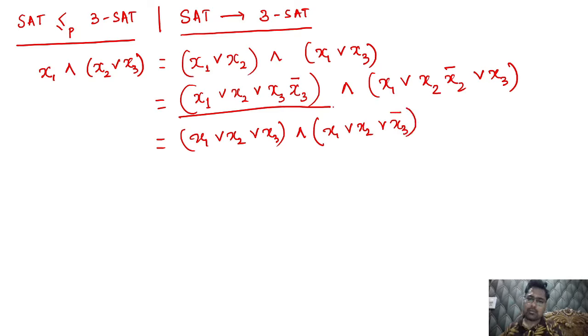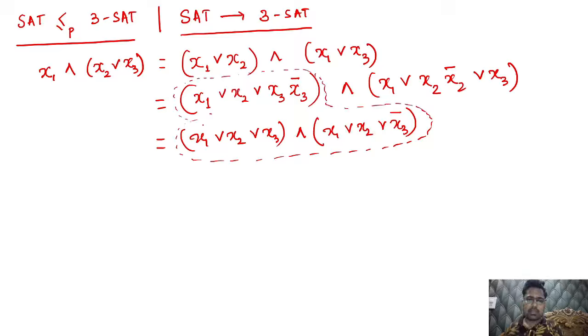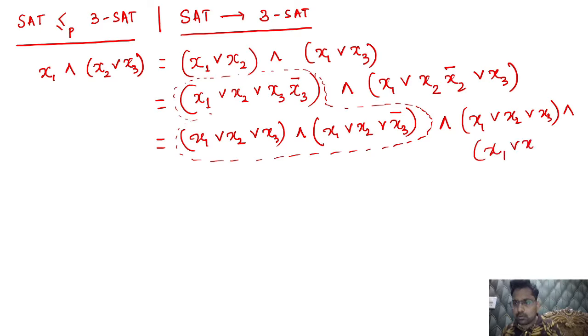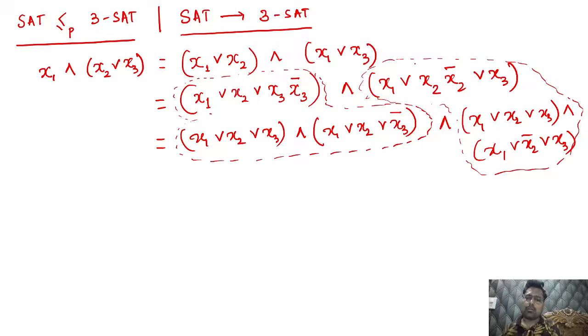To make it easy for us to understand, x1 or x2 or x3, then AND, and this is the rule I am using, x1, x2 bar, x3, as we are introducing. We have converted this one.